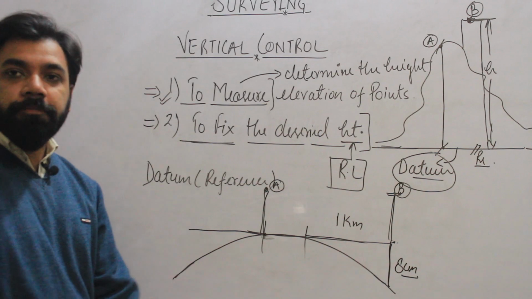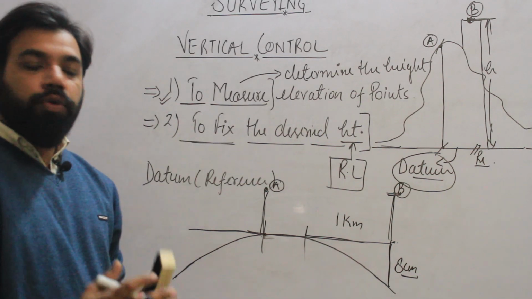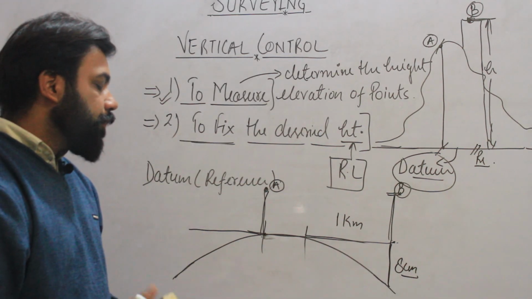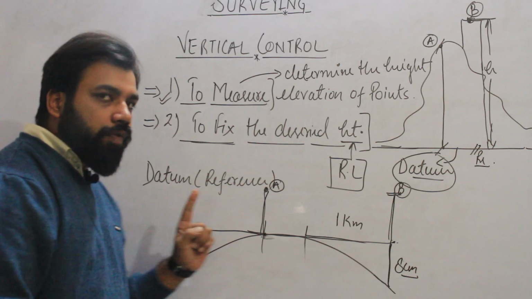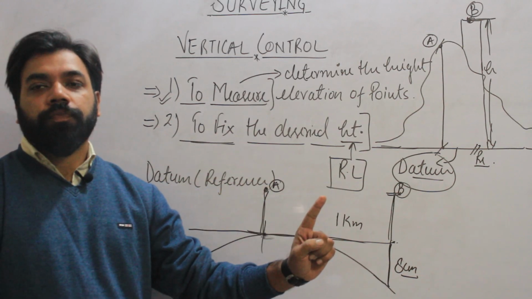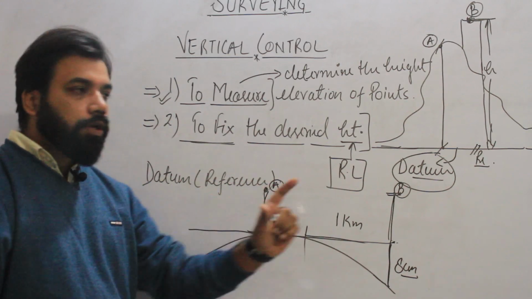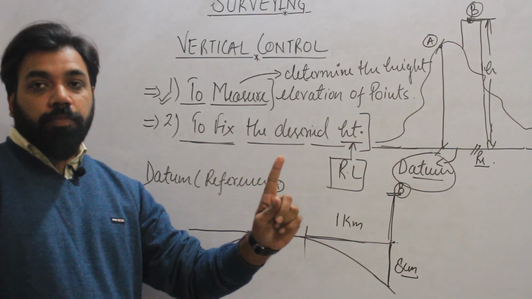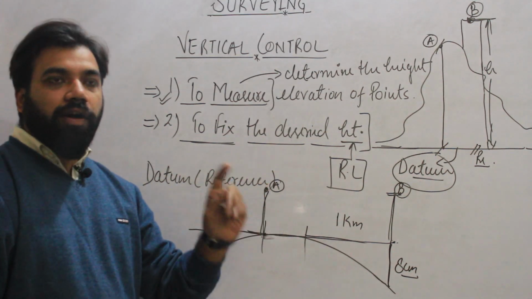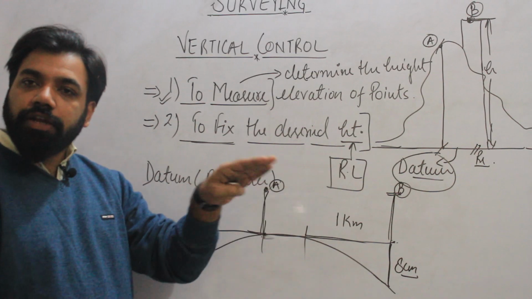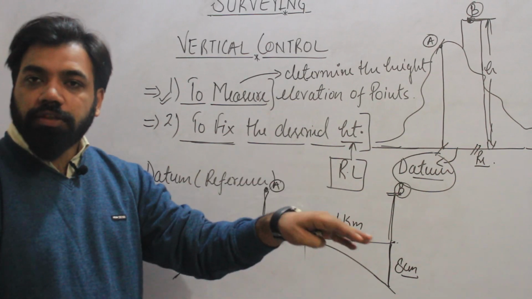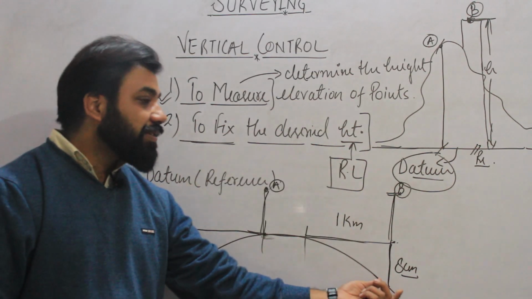8 centimeters. Now you are getting my point that if we are taking 1 kilometer straight, that means in 1 kilometer our tangent starts deviating toward the curvature of the earth by 8 centimeters.